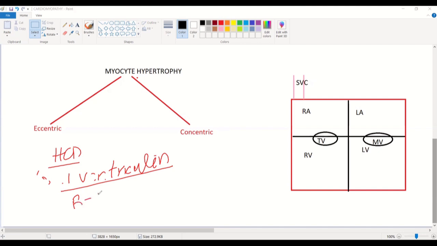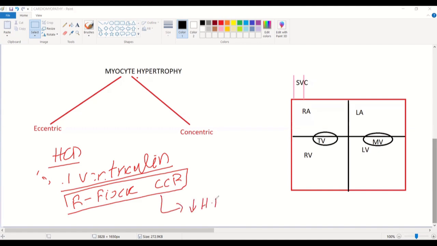Beta blockers and calcium channel blockers. How do they increase the ventricular filling? By decreasing the heart rate. Decreasing the heart rate increases the time for ventricular filling, right? Okay.